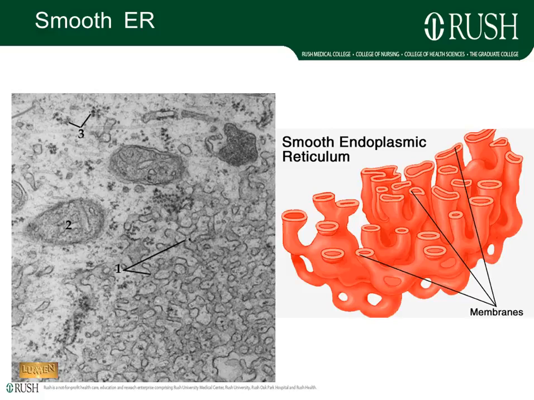So recall, this is smooth. It does not have ribosomes studding it as RER did. In fact, you can see some free ribosomes or polysomes nearby. I think they are marked with the 3 in this micrograph.